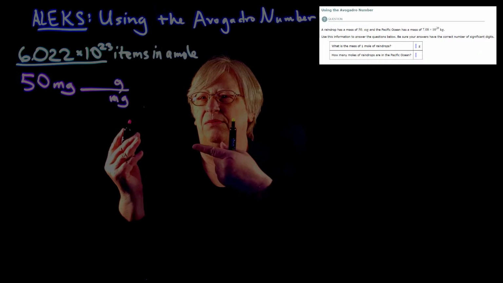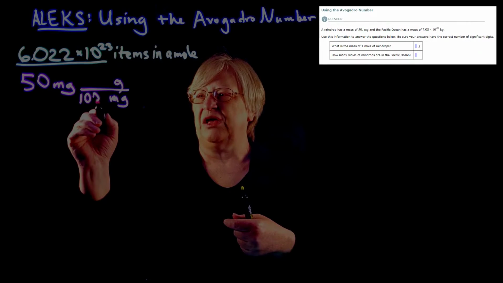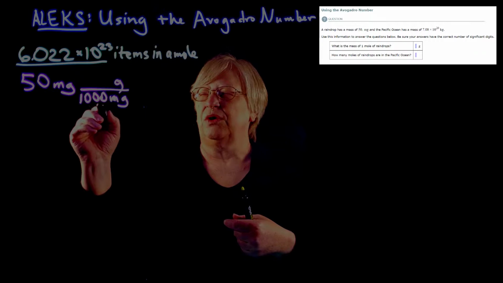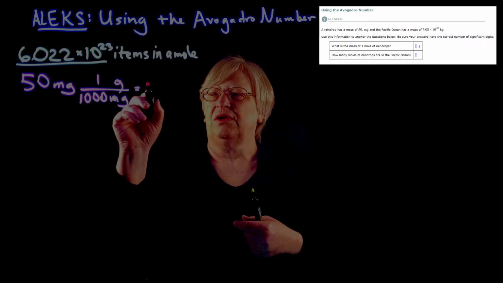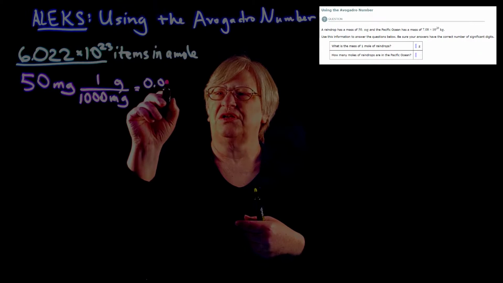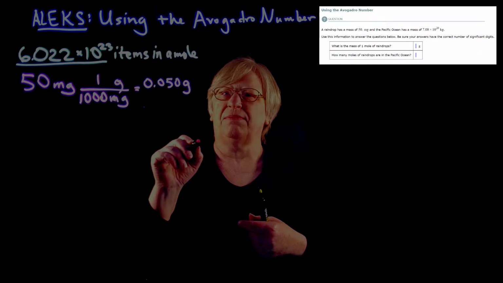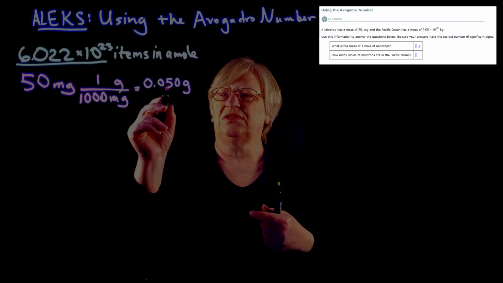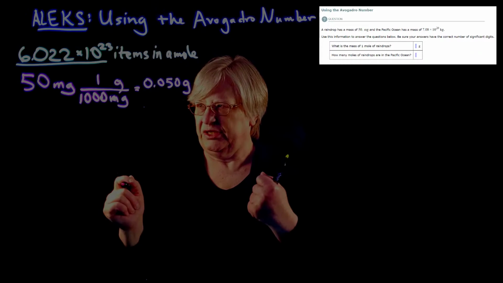And so how many of the small things are in the big thing? Well, milli means a thousandth. So we're going to put 1,000 small things in the one big thing. And then we're going to do the calculation, come up with this answer that a raindrop weighs 0.050 grams.